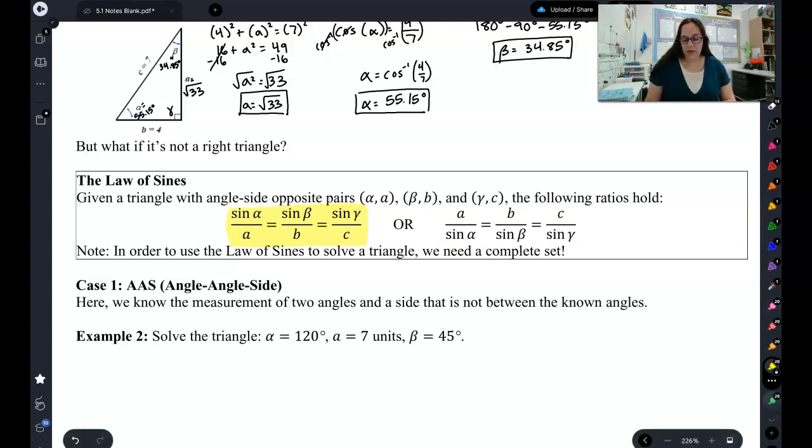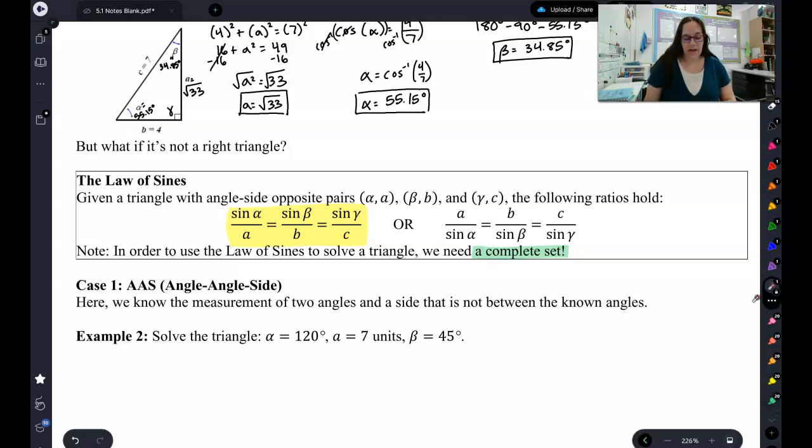Now, here's the important part. What do we need to be able to use the law of sines? Because this will be an important thing for you to know, is how to look at a triangle and know, should I use the law of sines or the law of cosines to solve this triangle? If you have a complete set, that is your sign to use the law of sines.